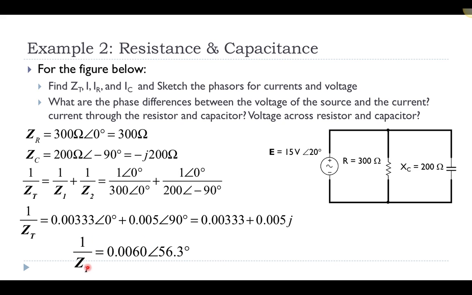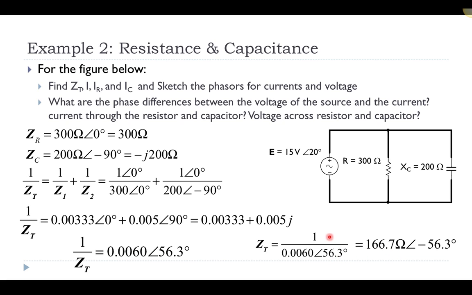I still have 1 over the impedance, so if I want to find the total impedance, I have to take the reciprocal, right? I have to flip these, and so the total impedance is 1 over that value. I can write this 1, of course, as 1 with a phase angle of 0, so 1 over 0.0060 is 166.7 ohms.